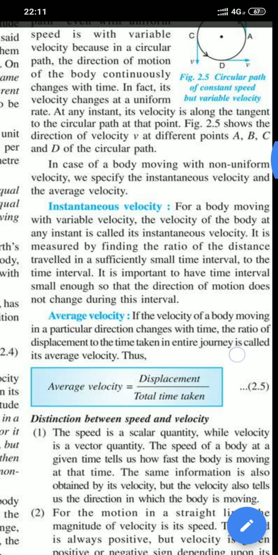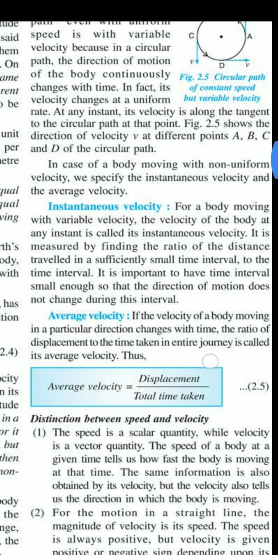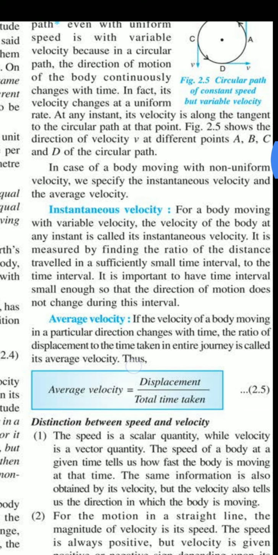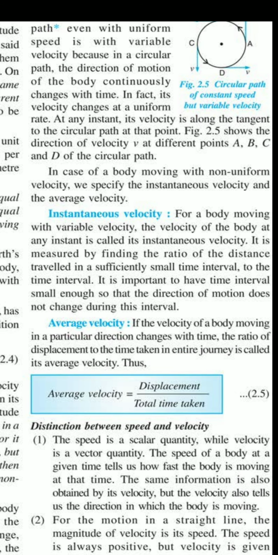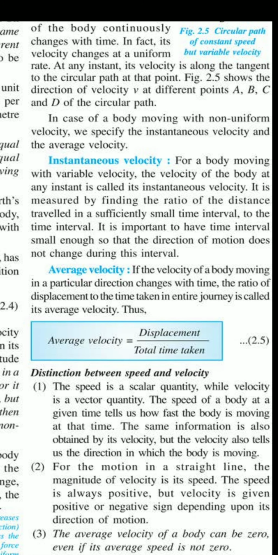Then average velocity. If the velocity of a body moving in a particular direction changes with time, the ratio of displacement to the time taken in the entire journey is called its average velocity. Now see, there is nothing such as total displacement.